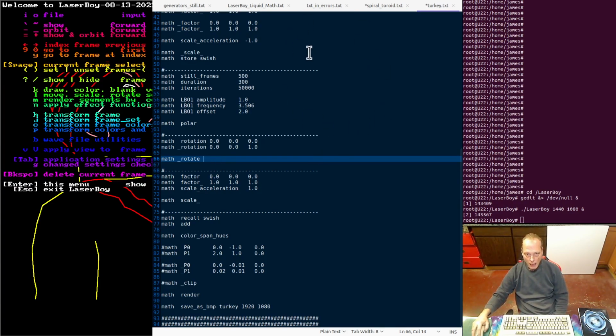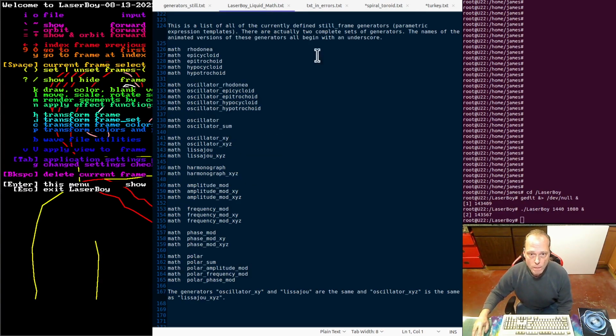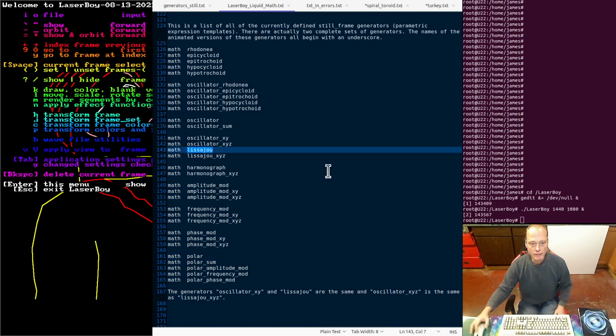All right, complicated enough as that is. We only looked at the oscillator, and we looked at polar, and we looked at the Lissajous. All right, this generates the circle if you use sine and cosine. Of course, you can use different frequencies and get all those weird Lissajous patterns and stuff that this does.